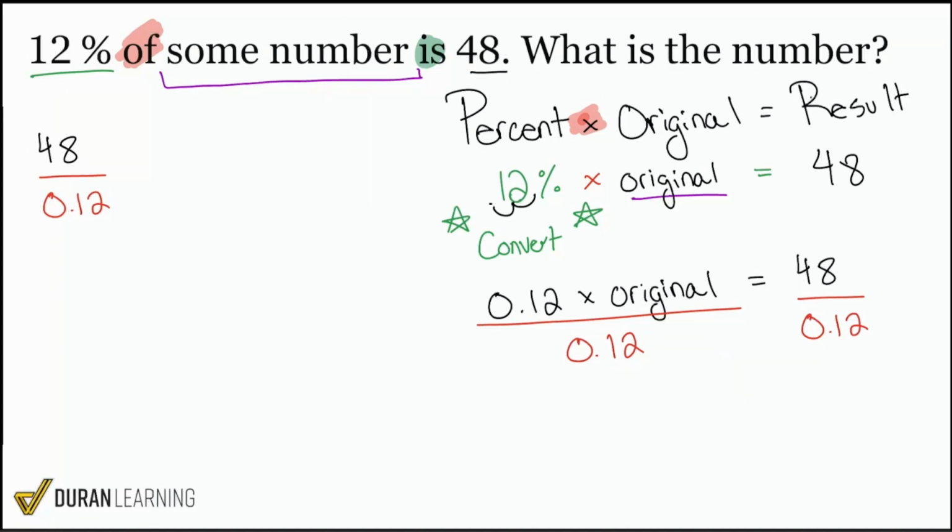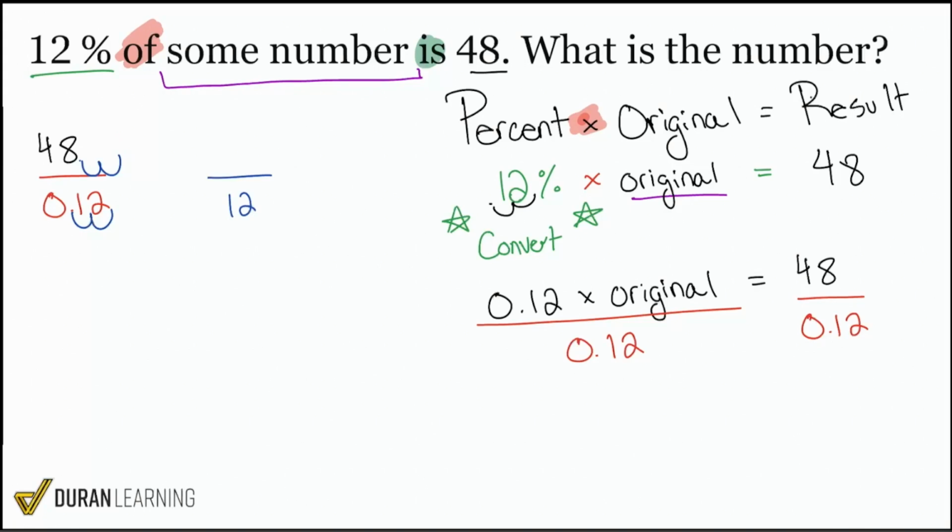The best way to divide by a decimal is by not dividing by a decimal, and that's done by just getting rid of the decimal and doing the same thing up top. So we're going to move it 2 times to the right on the bottom, which means we'll move it twice to the right on the top.